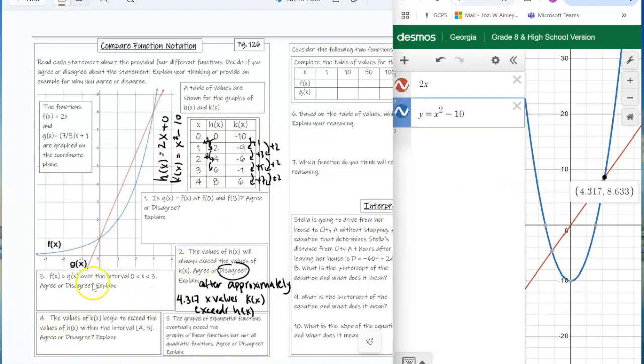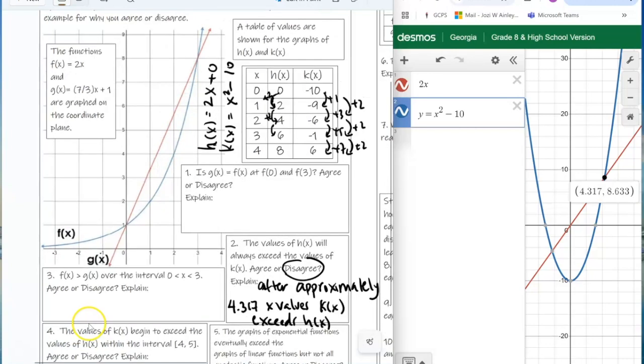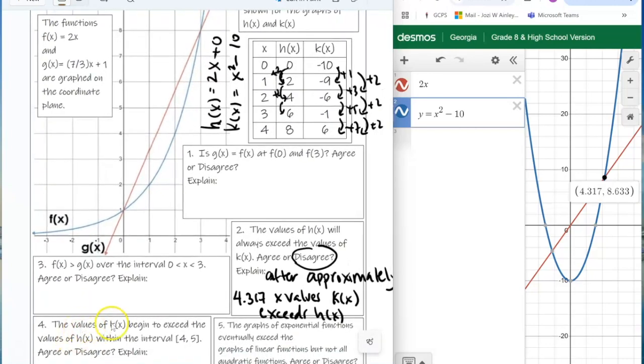All right, another question that has h and k, this one right here. So let's go ahead and answer number 4. The values k of x begin to exceed the values of h of x. So the value of the quadratic k of x exceeds h of x. So the quadratic exceeds the red line within the interval. So within means inside of, okay, 4 to 5.